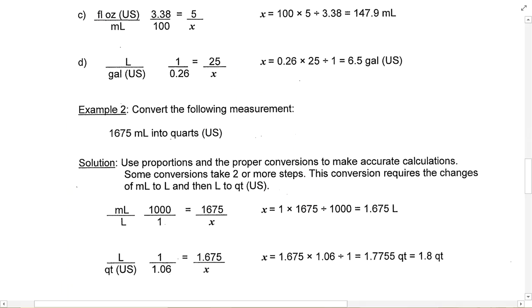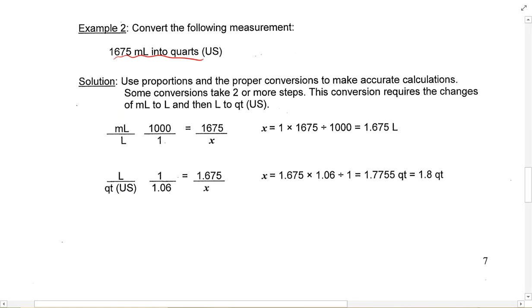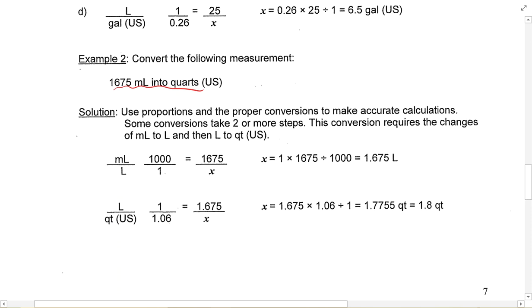Same thing here: you just convert that into quarts and then put US in brackets, away you go. So all you need to do for Google is type in convert that into quarts and then you'll be fine. That has to go into your search bar up top.